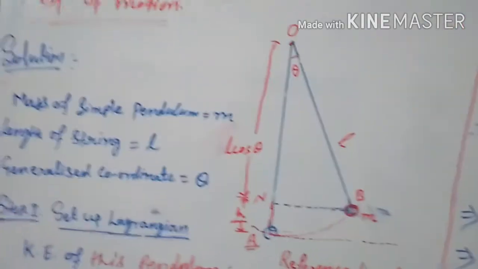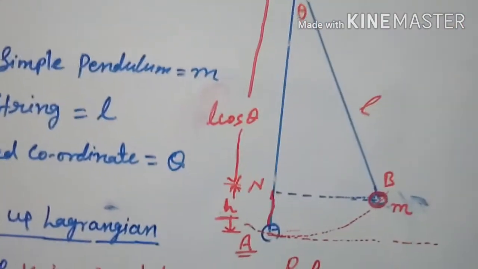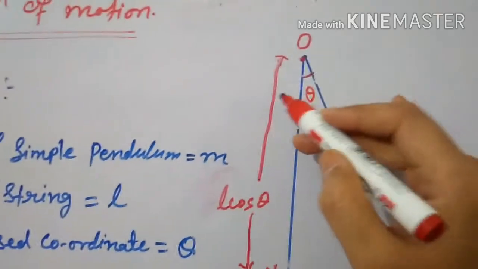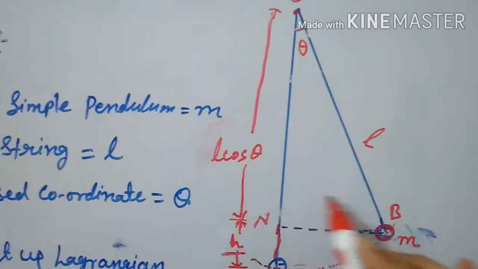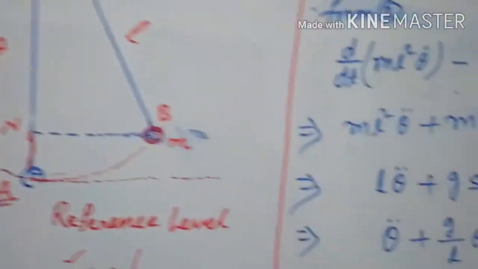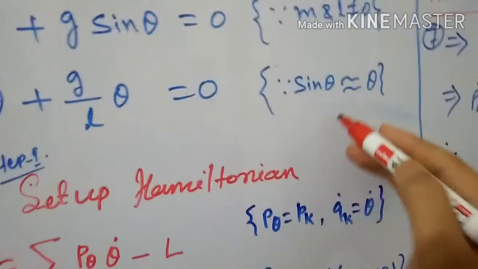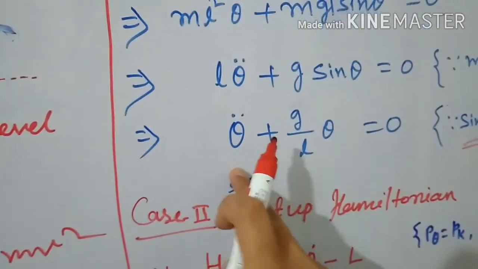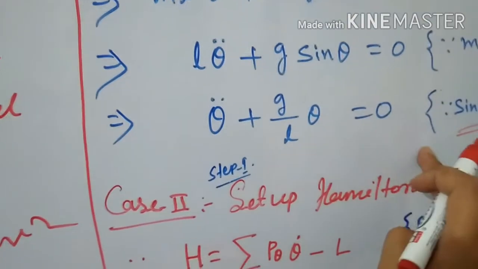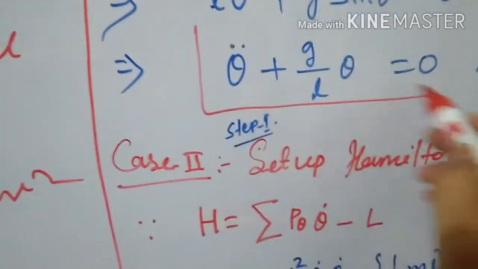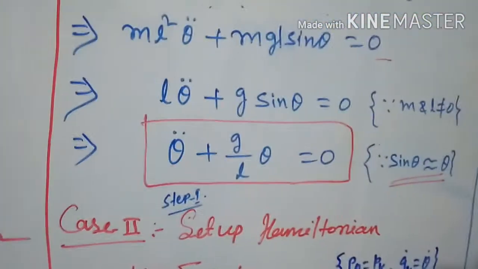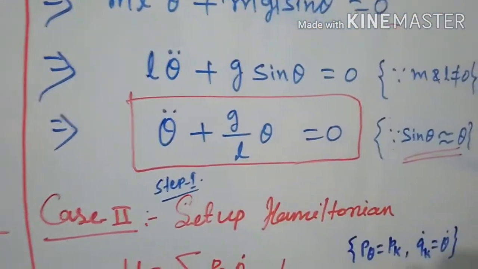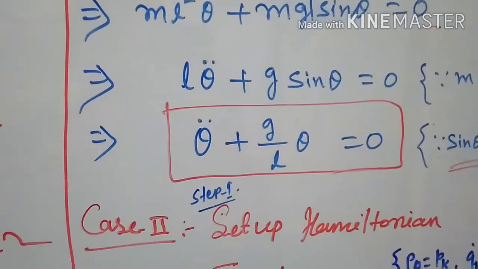Since here we have smallest displacement, this sin theta may be considered approximately equal to theta. Then this term reduces to theta double dot plus g by L theta is equal to 0. This is the required Lagrange equation of motion for the simple pendulum.